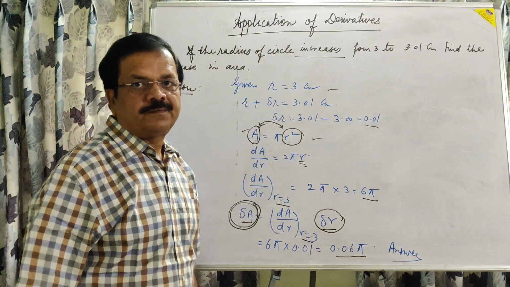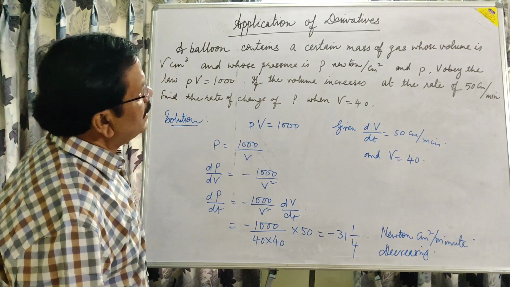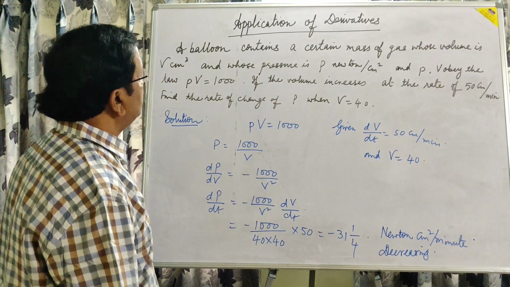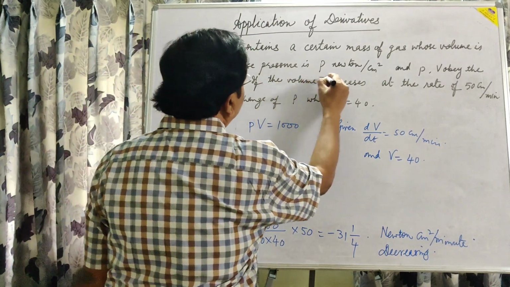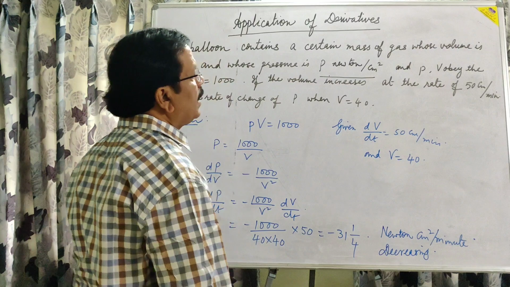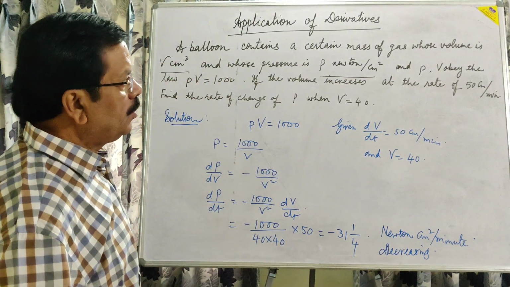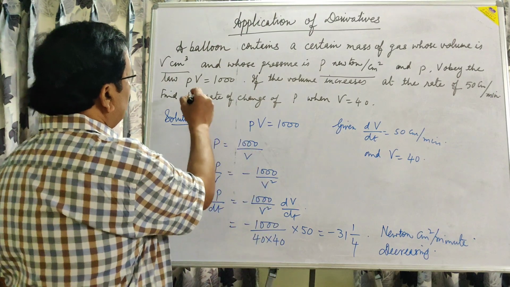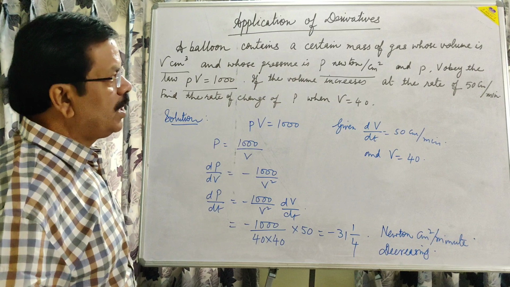Now next question. A balloon contains a certain mass of gas whose volume is V centimeter cube and whose pressure is P Newton per centimeter square, where small p and capital V, pressure and volume, obey the law PV is equal to 1000, and this is obviously Boyle's law.